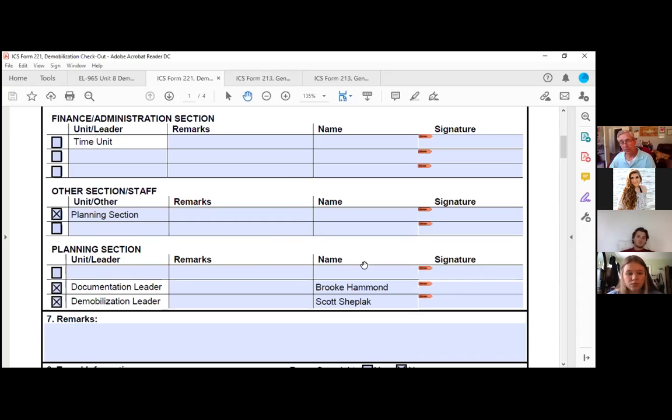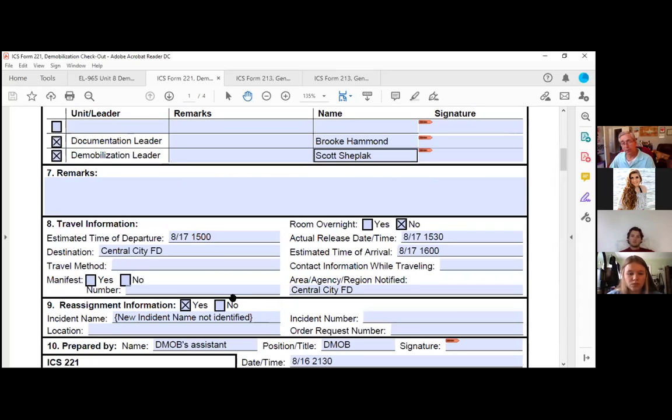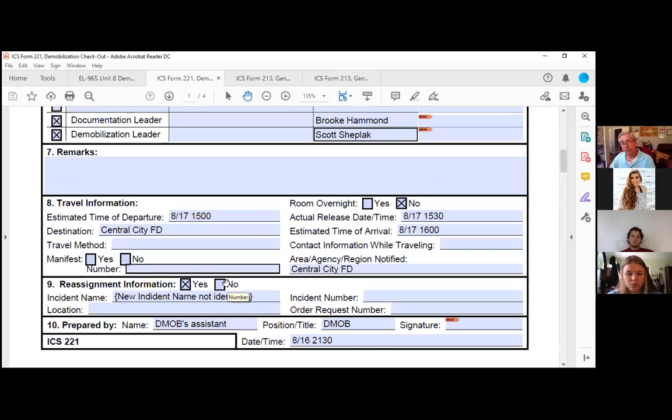Actually, I guess I should have put that down there. The DMOB leader, I put that as myself. Documentation leader, Brooke. And then some travel information for this particular fire engine. Its destination is going back to the Central City Fire Department. Again, this is the date and the time. And then the actual release and time, I figured it's only a half hour away.